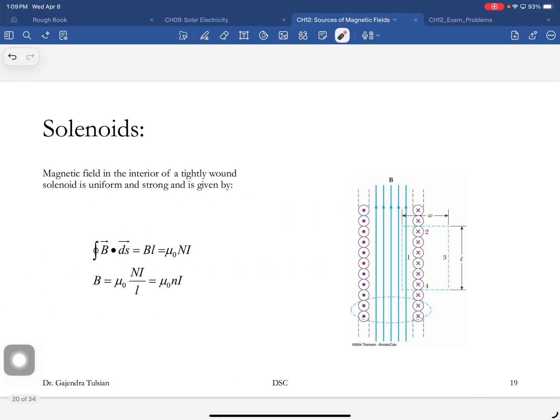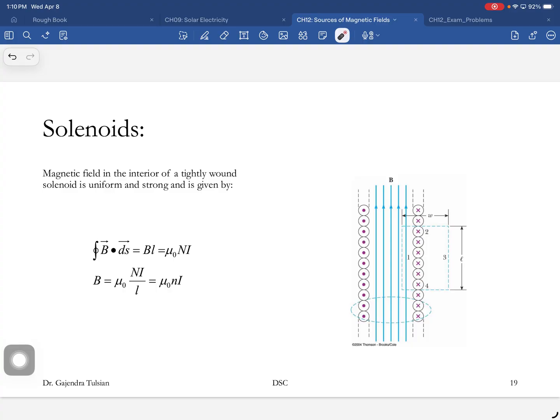All right, so here's a configuration where you have a uniform magnetic field. This is a solenoid. This is a cross section of a cylindrical object, a cylinder, and you wrap wire around it, again superconducting wires, and you'll have a strong uniform field inside.